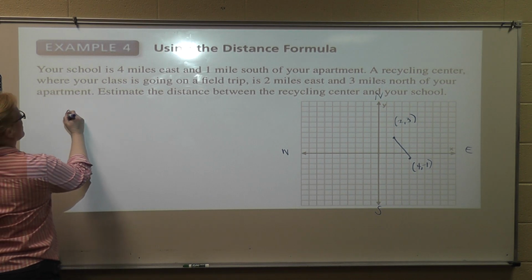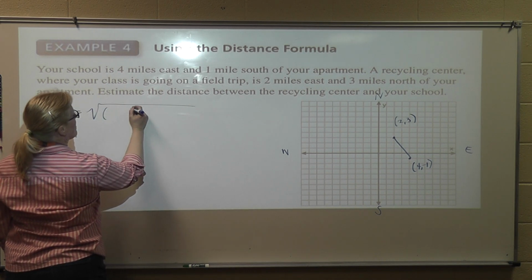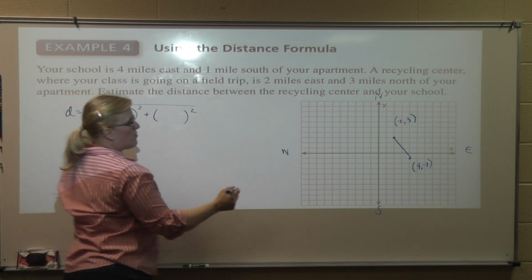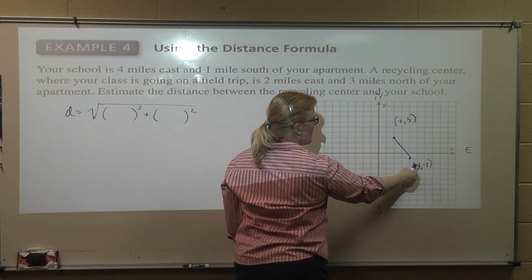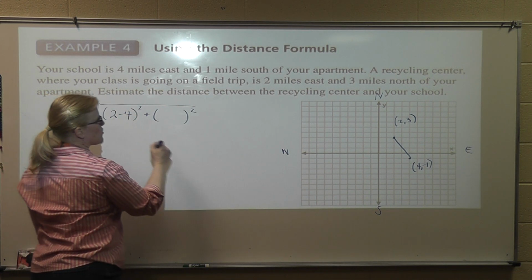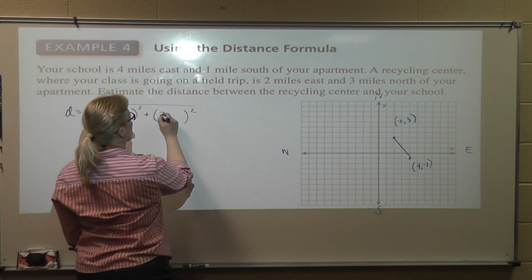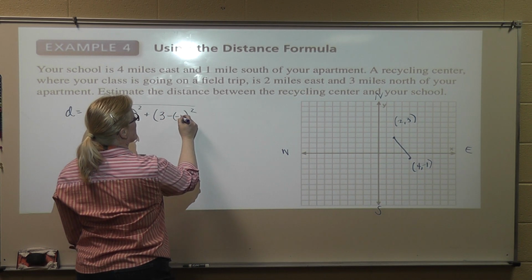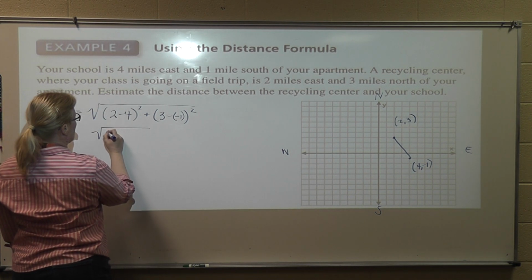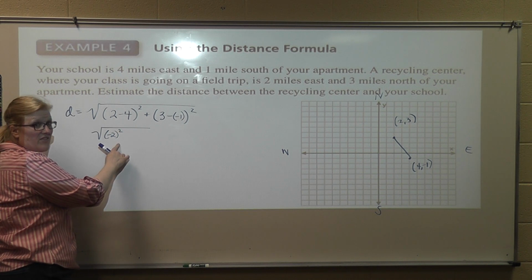All right, so let's look at this. My distance then would be my x values, 2 minus 4 squared, and 3 minus -1. So 3 minus -1. So I've got here (-2) squared. Remember that the whole thing goes in parentheses.